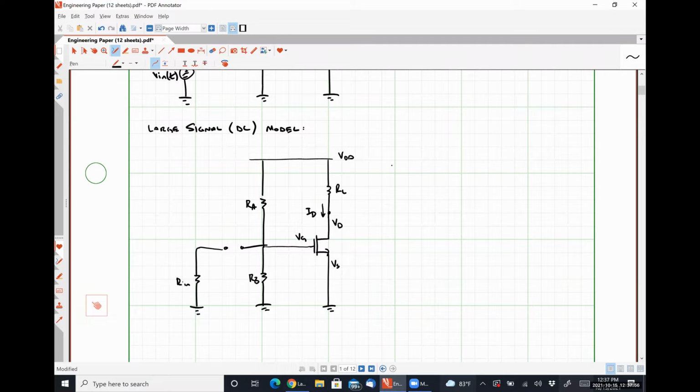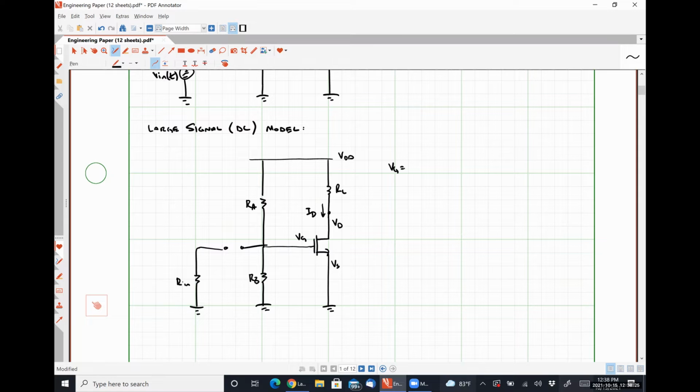So to calculate VG, what would we do? Let's start there. Any thoughts based on how we understand how a transistor operates? Pardon? VG, the voltage present at the gate. Yeah, just a simple voltage divider circuit here, right?